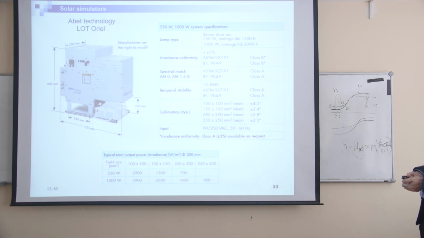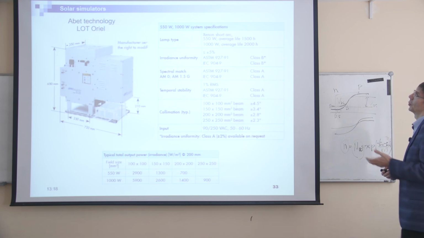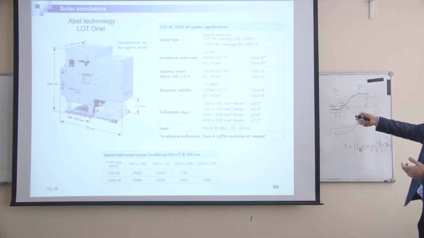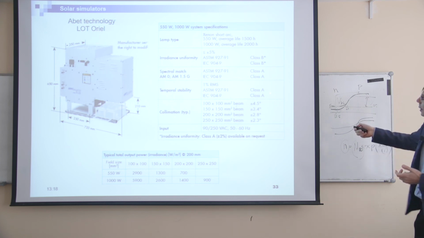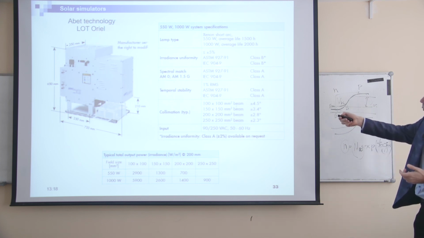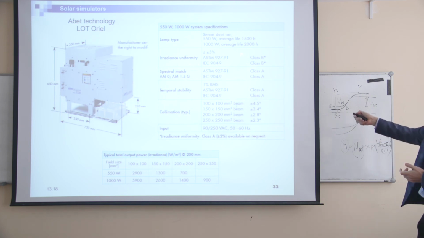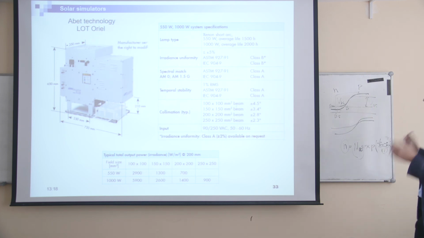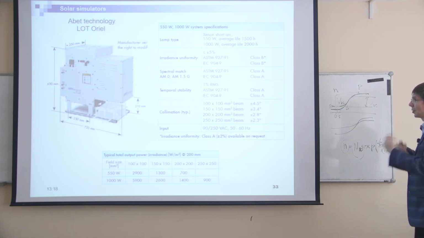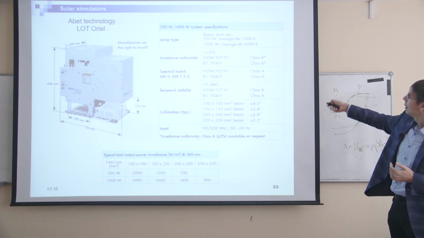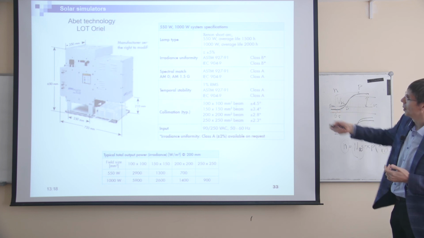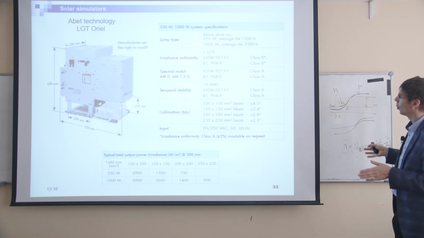spectrum. And finally, this is another example of a solar simulator and its specification. It's a data sheet for a solar simulator. You can see that for each parameter it has a class. You see that for uniformity it's just class B. Now you can find class A, it's not a problem, but just some indication that it was obtained for the spectral match, temporal stability, no problem.